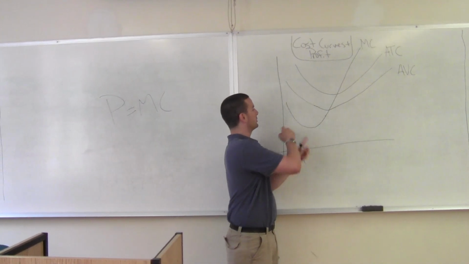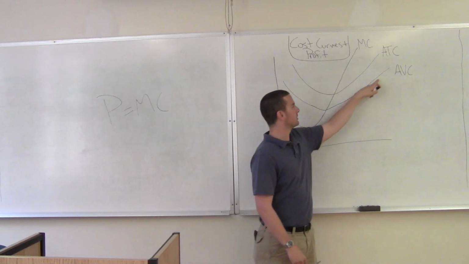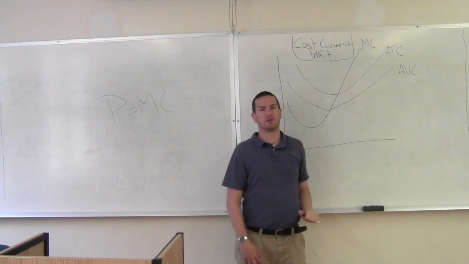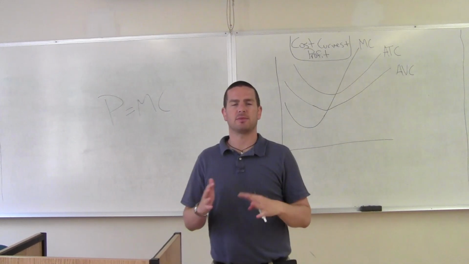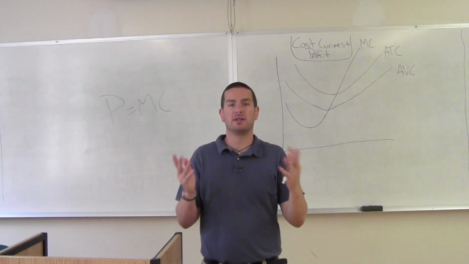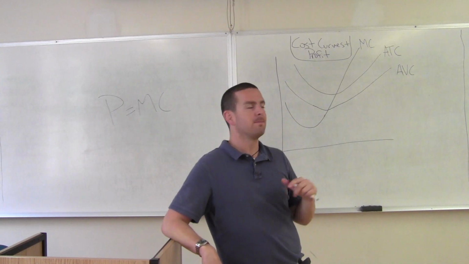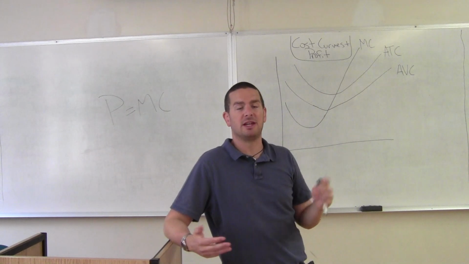We have our marginal cost curve, our average variable cost curve, and our average total cost curve, okay? Now, let's just draw a diagram. Let's draw one demand curve for an individual producer, because remember, these are the cost curves for any given individual producer.